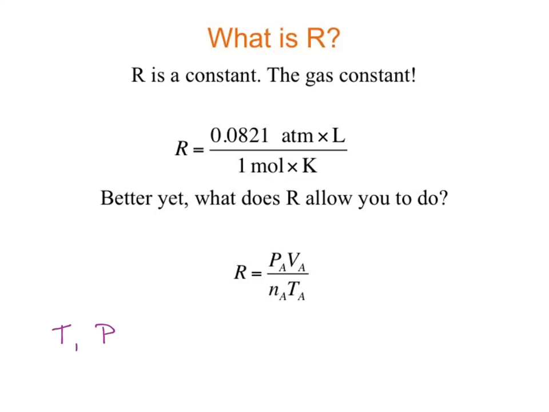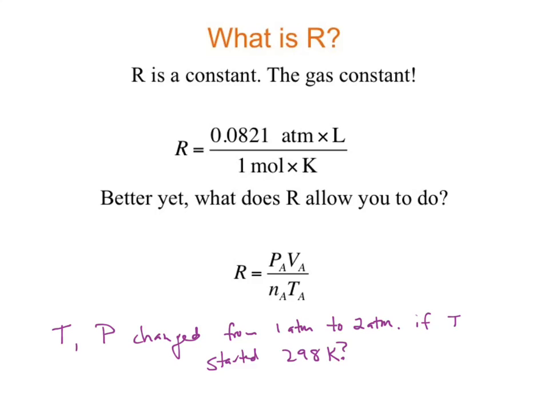If our pressure is changed from 1 atm to 2 atm, and our temp started at, let's say, 298 Kelvin, can we solve for that new temperature?